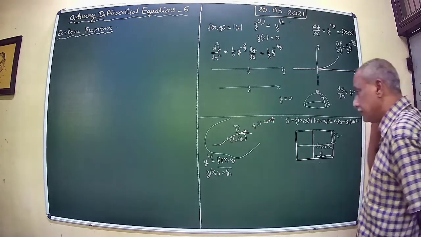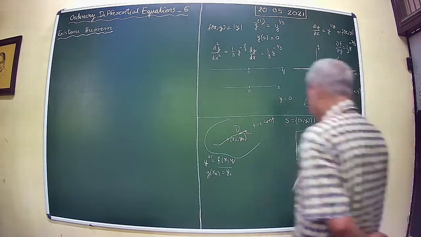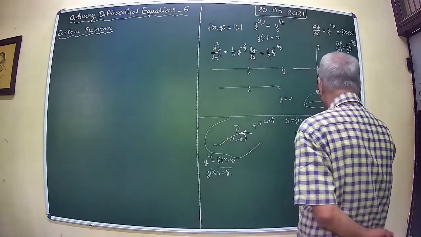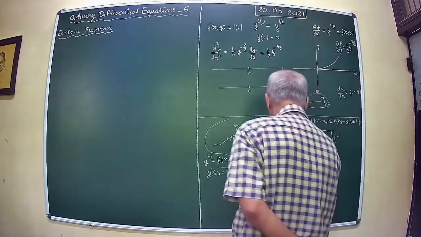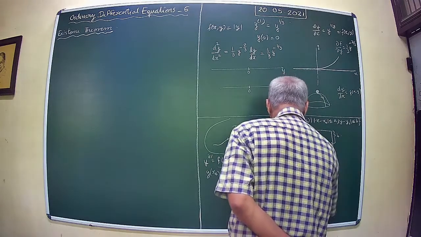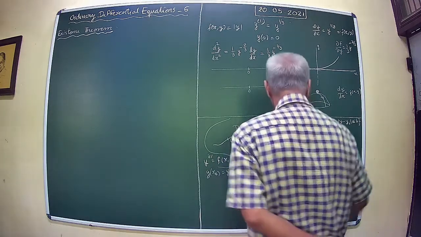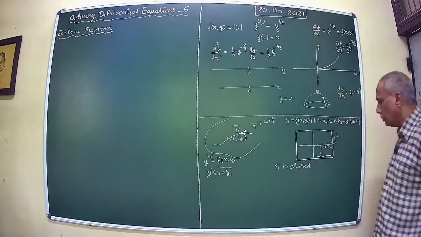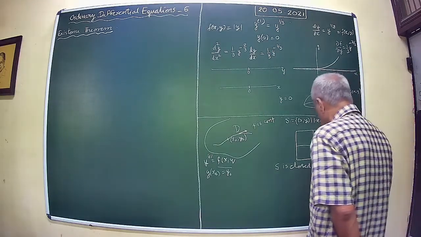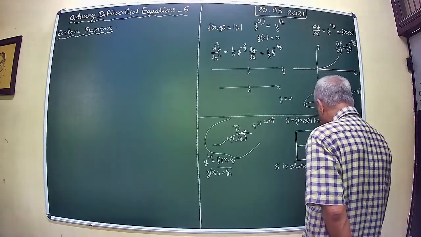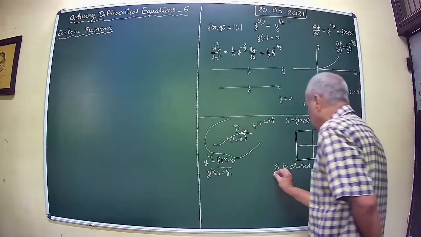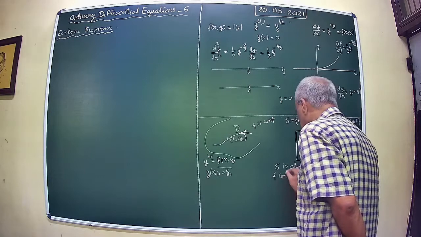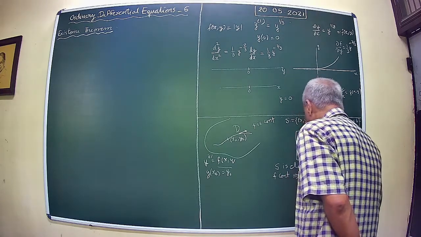Now I am just setting up the notation. You see that this is a closed rectangle. S is closed, and it is also bounded, and since f is continuous, f is bounded.